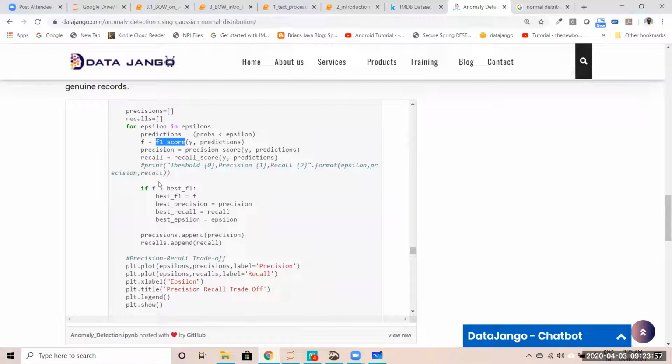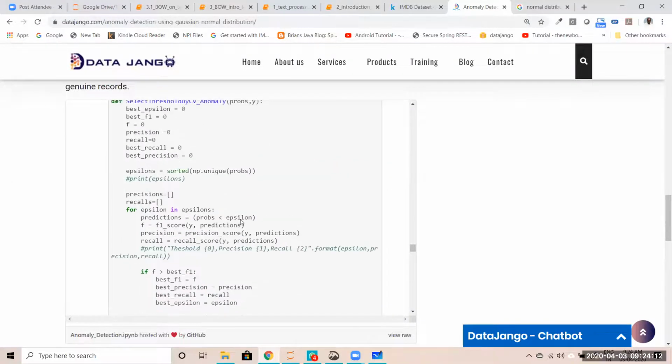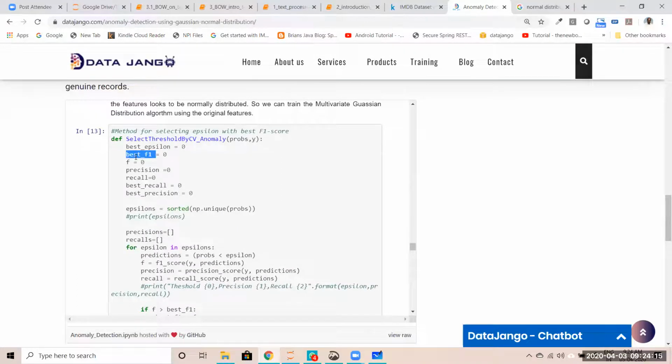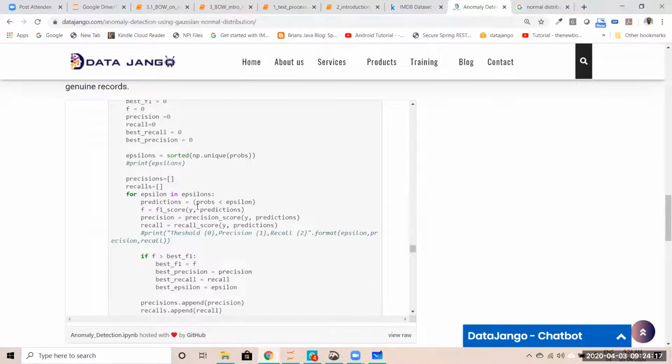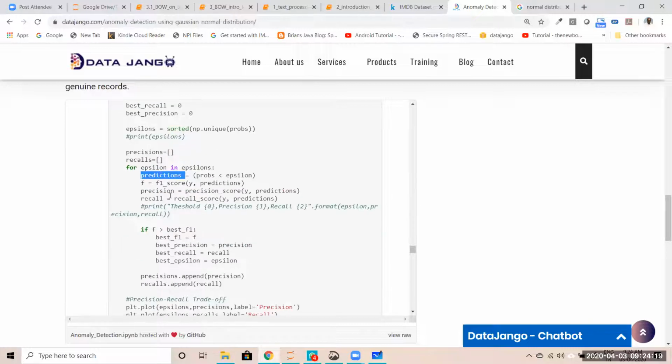If the F1 score calculated in the current iteration for the current epsilon is greater than the best F1 score, we keep the current F1 as the best F1 and take the current epsilon as the best epsilon. Initially, we take the best F1 score as 0. You predict and calculate the F1 score.